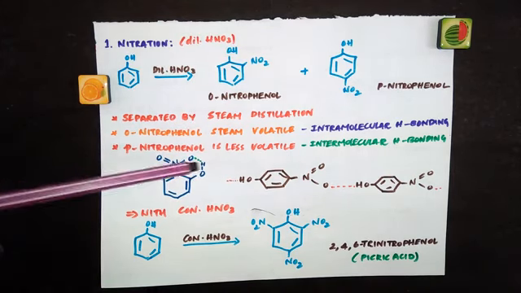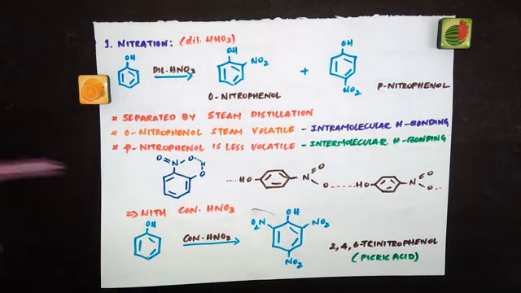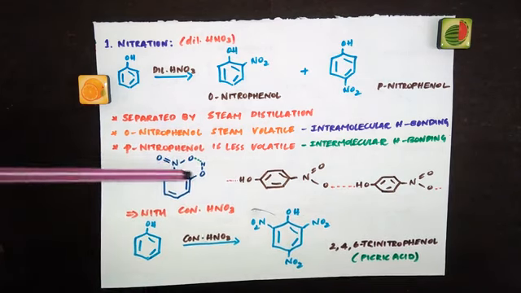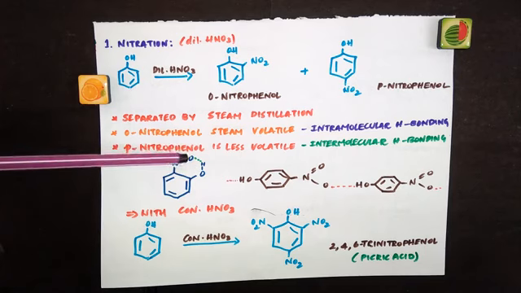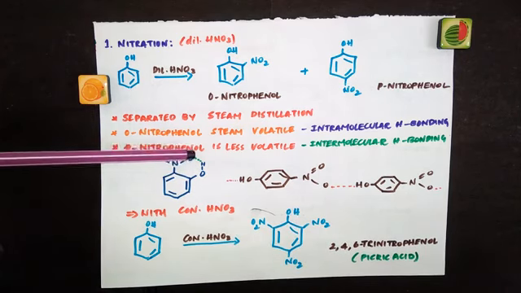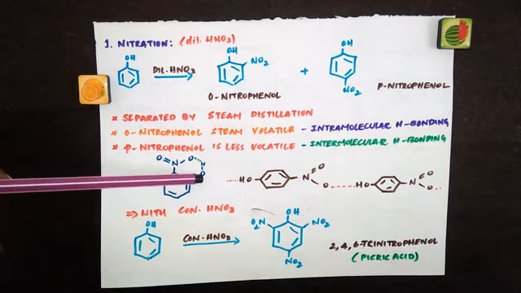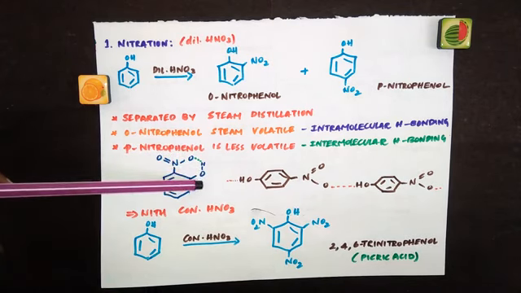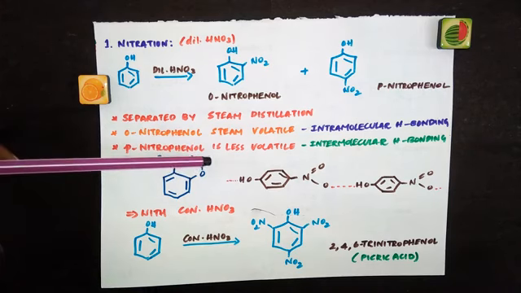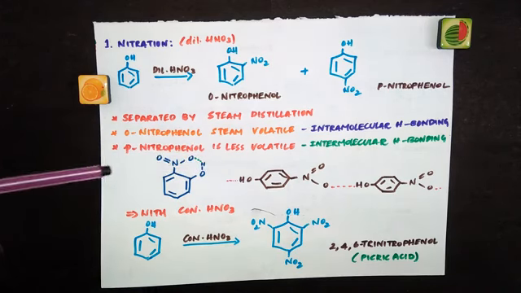See, this is intramolecular hydrogen bonding. This is NO2, this is the OH group, and this oxygen is partially negative because it is more electronegative than nitrogen. In the same way, comparing O and H, O is more electronegative than hydrogen, so hydrogen gets a partial positive charge.